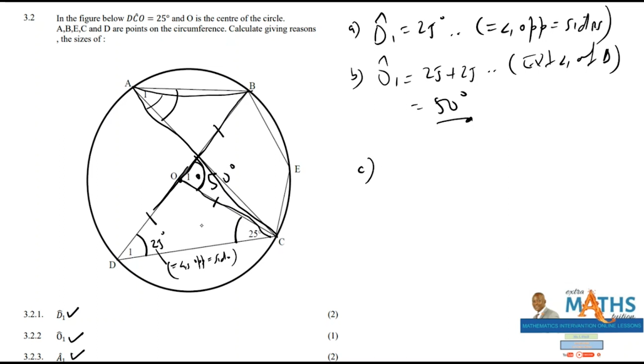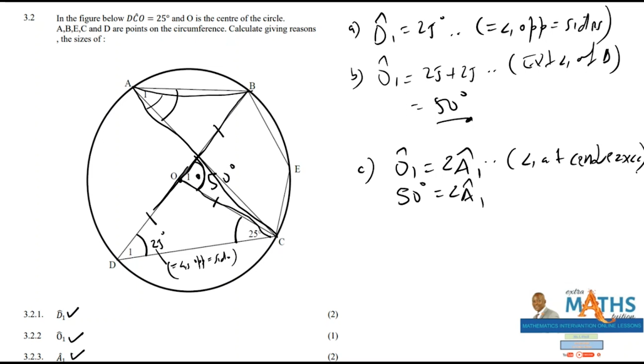O1 is 2 times angle A1. Why? It's angle at center, 2 times angle at circumference. Then 50 is 2 times A1. Therefore, A1 is equal to 25 degrees.